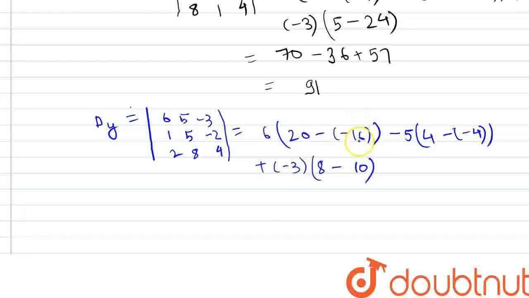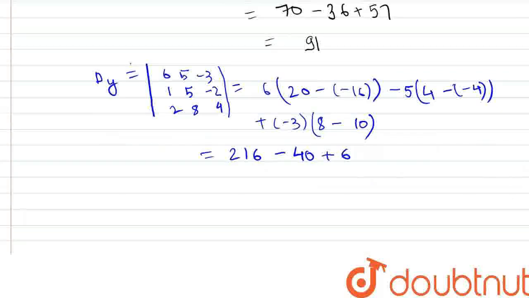So 20 plus 16 equals 36 into 6 equals 216. Then 4 plus 4 equals 8 multiplied by 5 equals 40, minus 40. Then 8 minus 10 equals minus 2, and minus 2 into minus 3 would be plus 6. Now 216 plus 6 minus 40 would be 182.